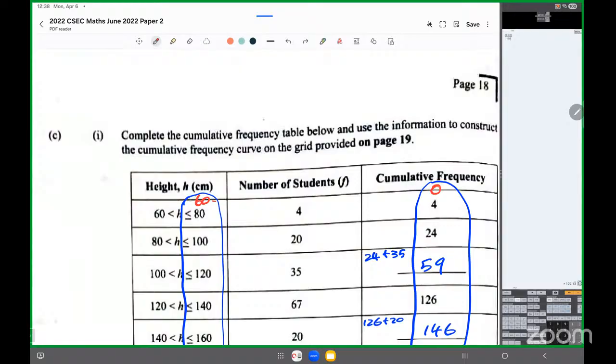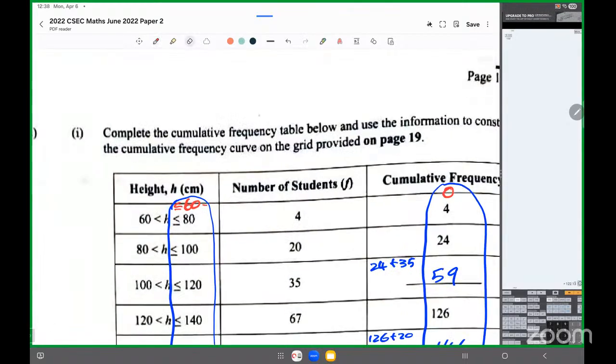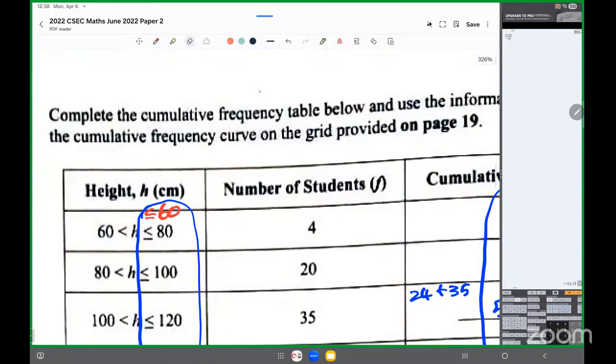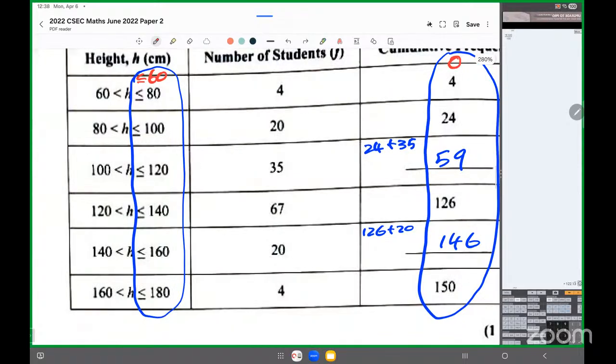So it will be less than or equal to 60, and that's 0. It makes sense because the values start at greater than 60. It means that none of the students was 60 or less. Everybody was more than 60. All the students had a height greater than 60. There was no student that was 60 or less.